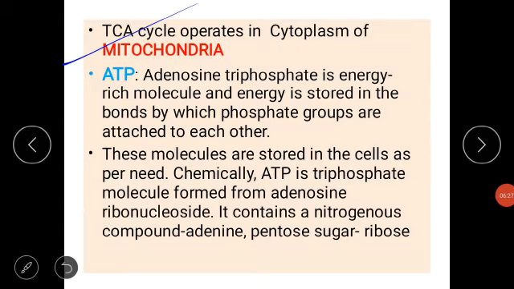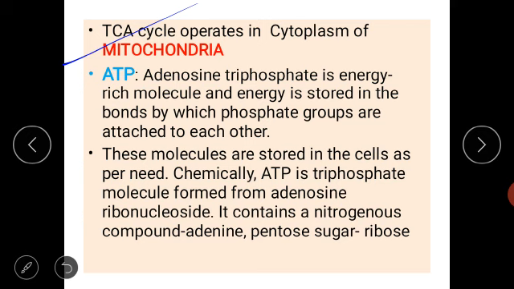Adenosine triphosphate is an energy-rich molecule, and energy is stored in the bonds by which the phosphate groups are attached to each other. I have shown you the structure: one pentose sugar, one nitrogen base, and 3 phosphate groups are there in the ATP molecule. So it is named adenosine triphosphate.